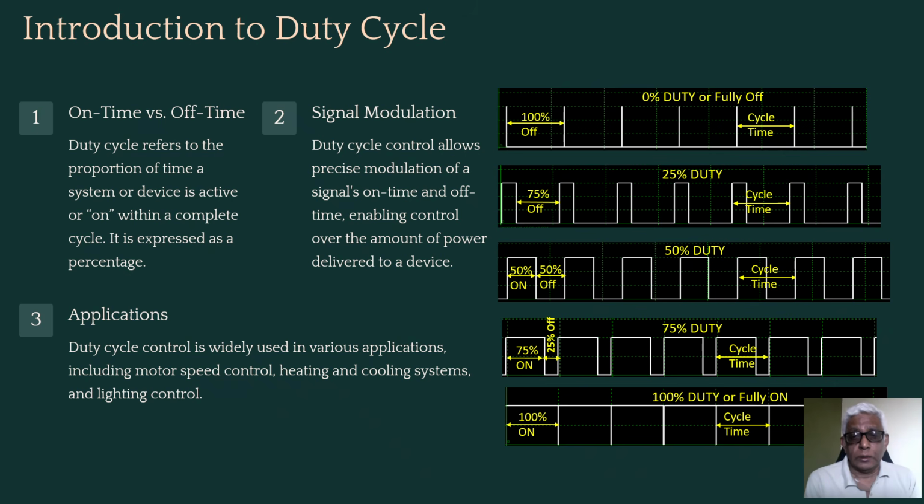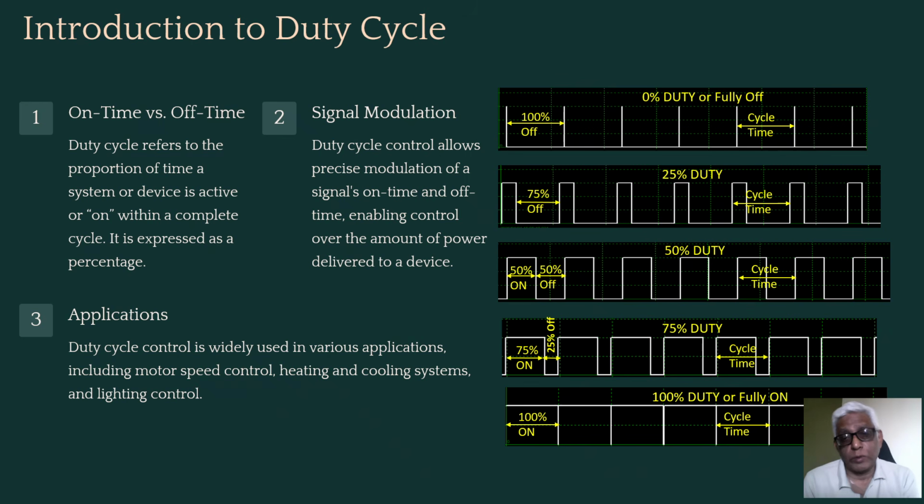Okay. There are four examples we see on the right side. The uppermost diagram shows 0% duty, or the fully off state. It means during the cycle time, as marked by the vertical lines, the output is never switched on. It is fully off, 100% off.